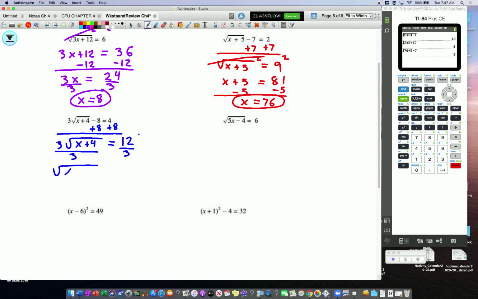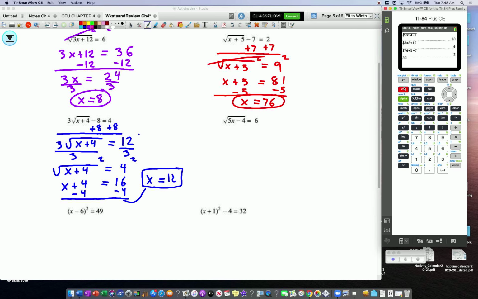Square root of x plus 4 equals 4. To undo a square root, I square both sides. So I have x plus 4 equals 4 squared, which is 16. One last step is to subtract 4 from both sides, and I get x to equal 12.